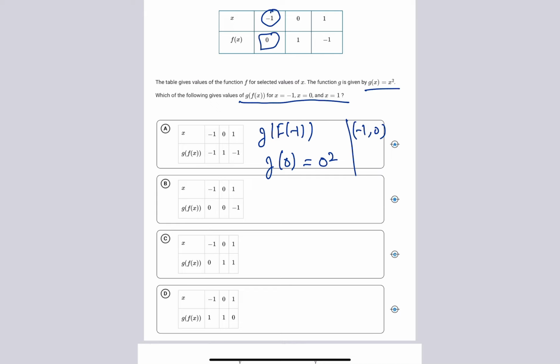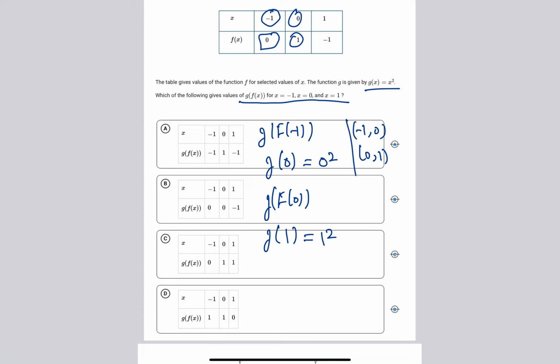Now what about the second one? G of f of 0, what do we get? Well, when x equals 0, y equals 1, so it's g of 1, which is simply 1 squared, so write that down, 0, 1.